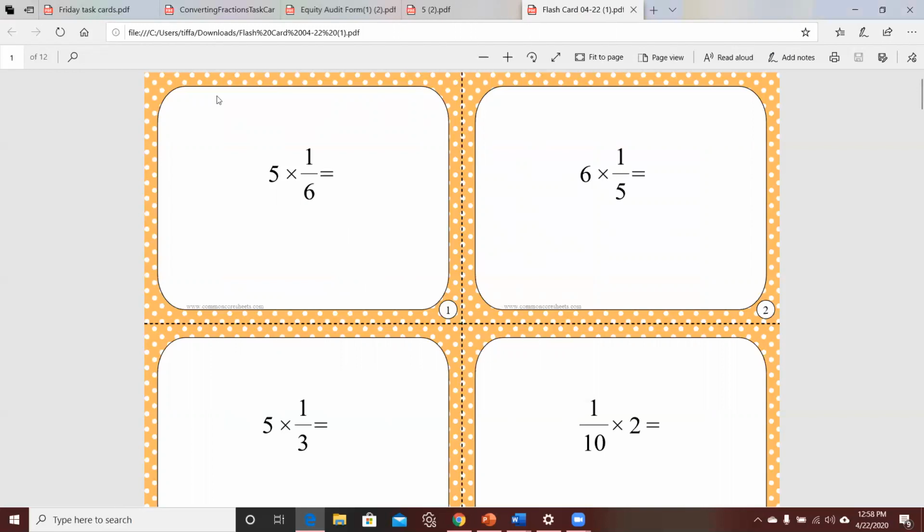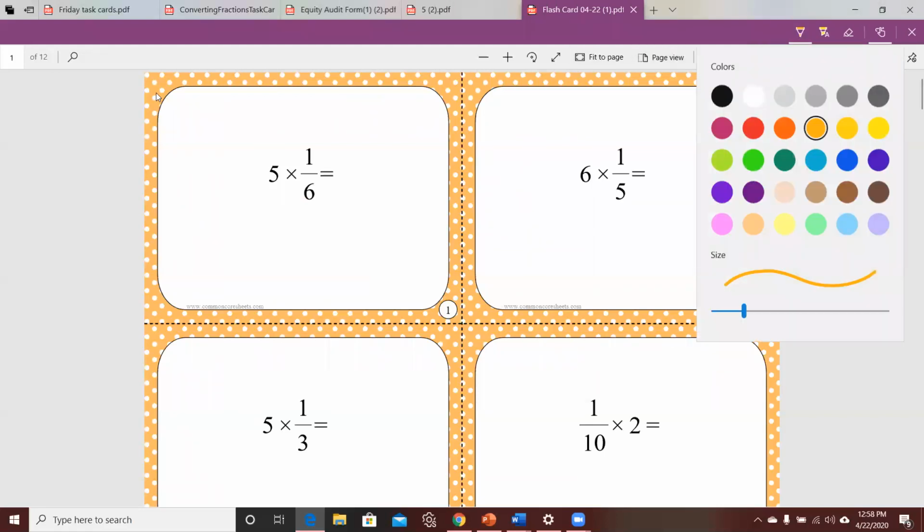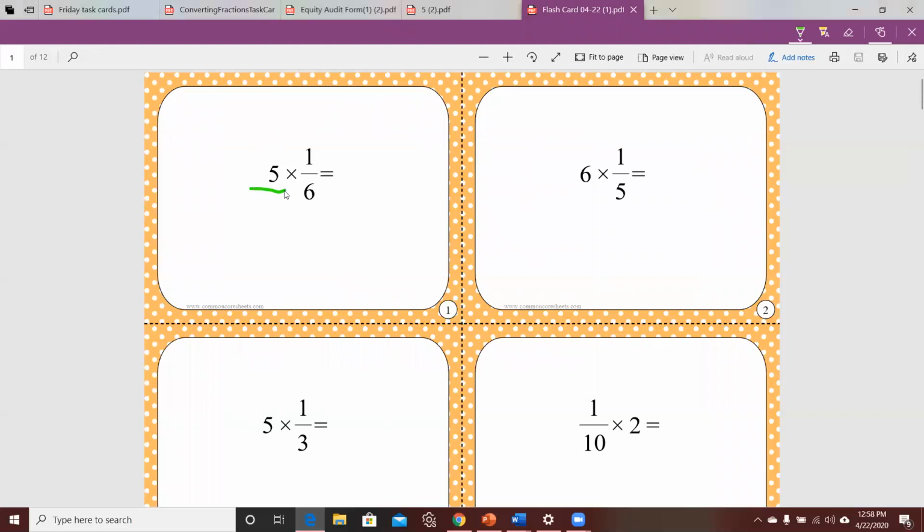But this one, if you are doing just the traditional way, remember if you have 5, that really means 5 over 1. Let me get my marker here. Because 5 wholes, that's 5 over 1. So to make that a little neater, that would be 5 over 1 times 1/6.